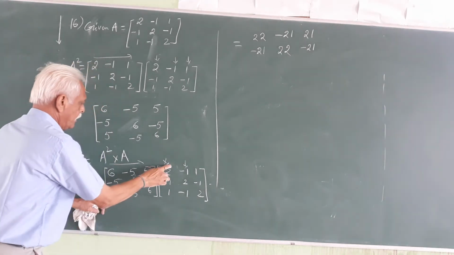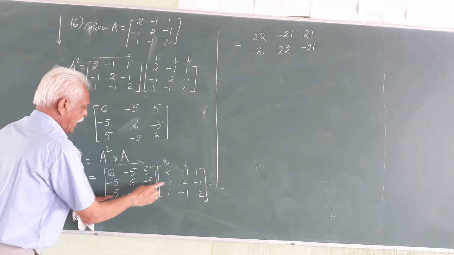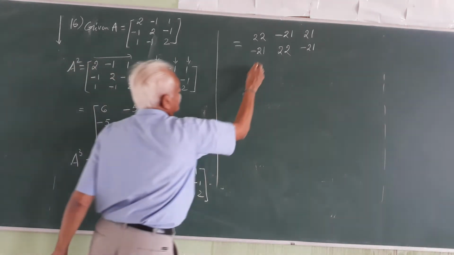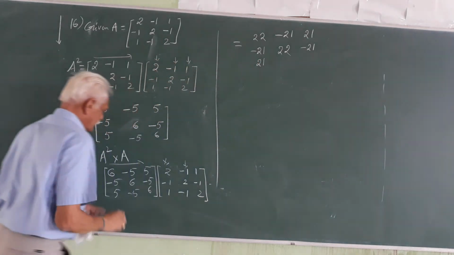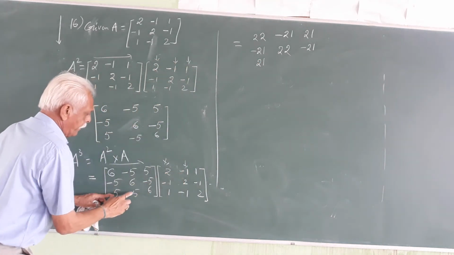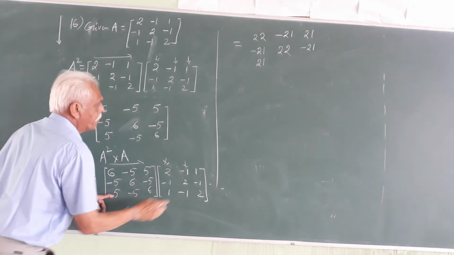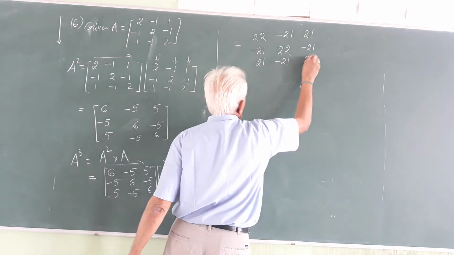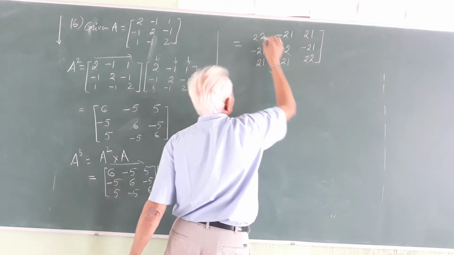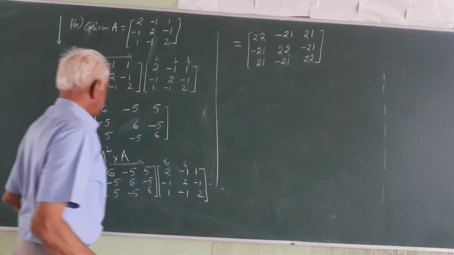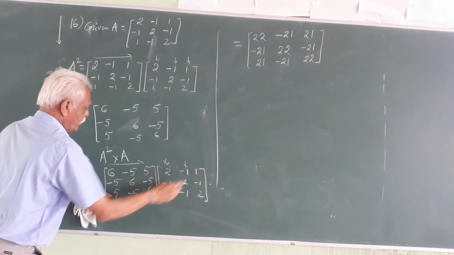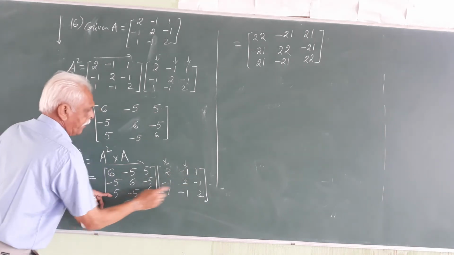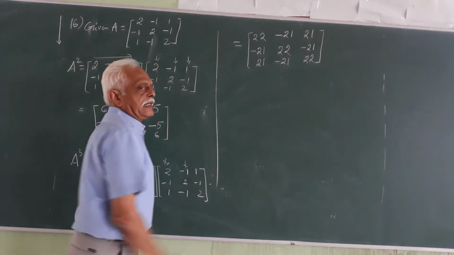Third row: 10, 5, 6, 21; minus 5, minus 10, minus 6, minus 21; and this will be 5 plus 5 plus 12, 22. So this is A cube.